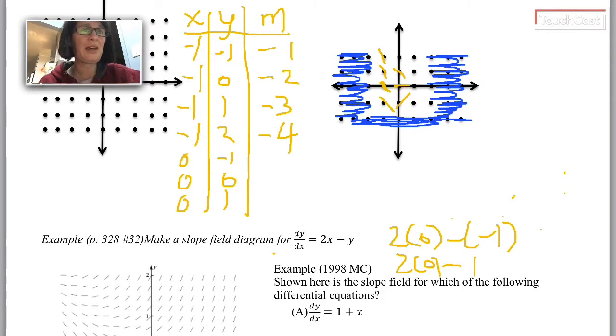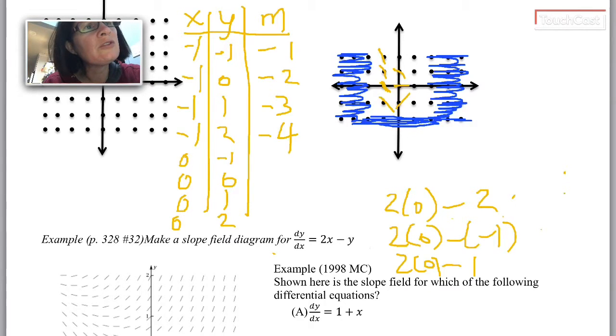It's a little tricky to do with the iPad, but thank you for your patience and your flexibility. So if I had one more that I've got here, 0, and y could have been 2. It's going to be 2 times 0 minus 2, which is a slope of -2. And so it's not quite as steep as the slope of -4 that's right next door to him.